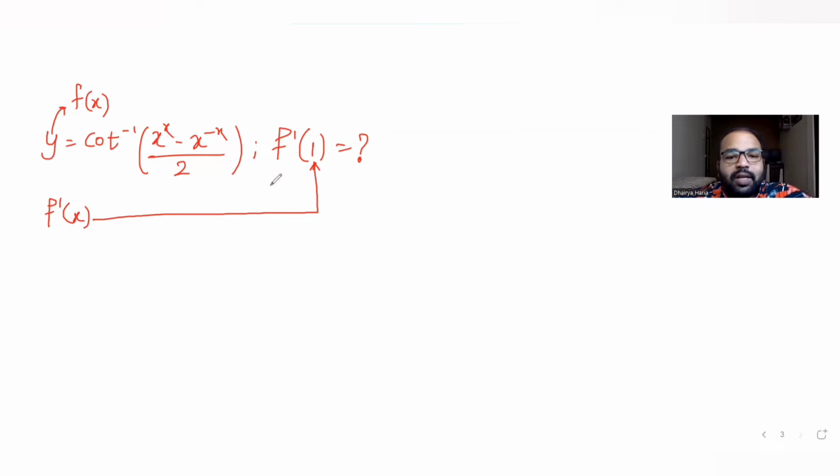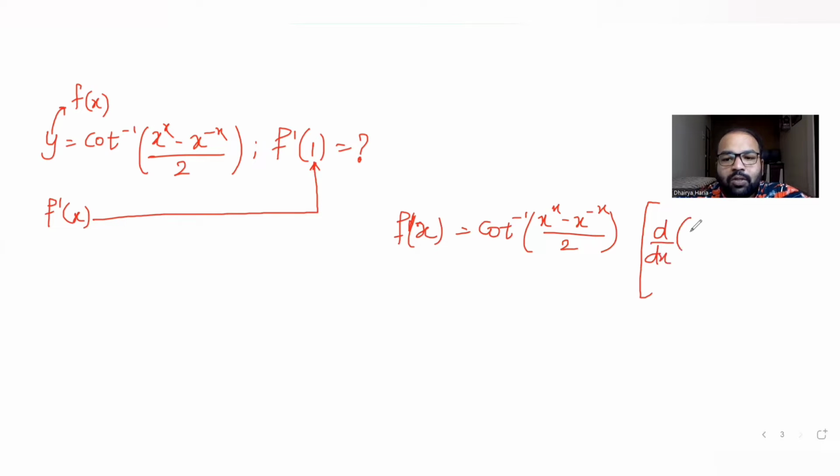So first of all, let's differentiate it to get f'(x). So f(x) is given to us as cot inverse of (x^x - x^(-x))/2. Now we know that the derivative of cot inverse of, let's say, theta, is nothing but -1 upon 1 plus theta square.